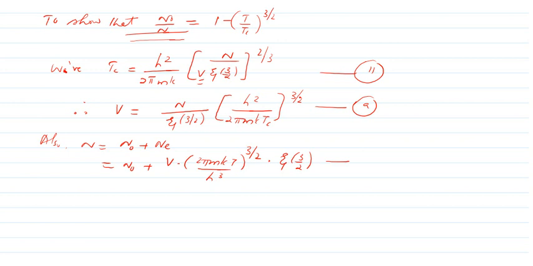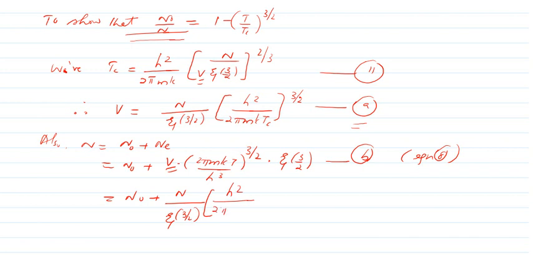Now I can substitute for V from equation A: N divided by zeta of 3 by 2, into h squared by 2 pi m k Tc, whole raised to 3 by 2, into 2 pi m k T by h squared, whole raised to 3 by 2, into zeta of 3 by 2. Many of the things will get cancelled.